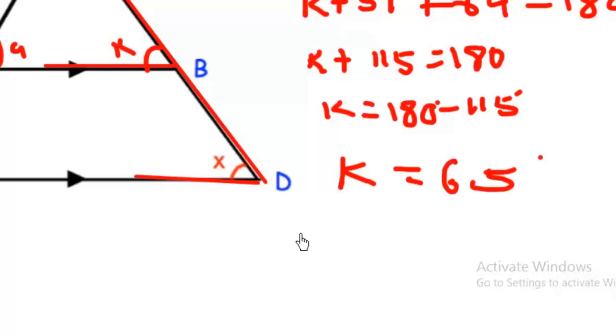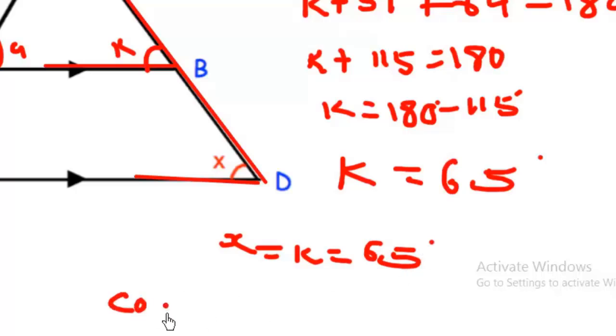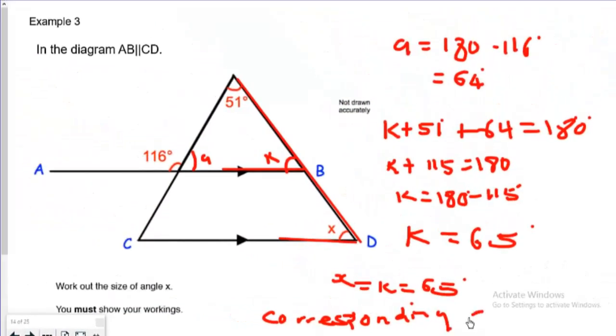Hence, X is equal to K, which is equal to 65. The reason is that corresponding angles are equal.